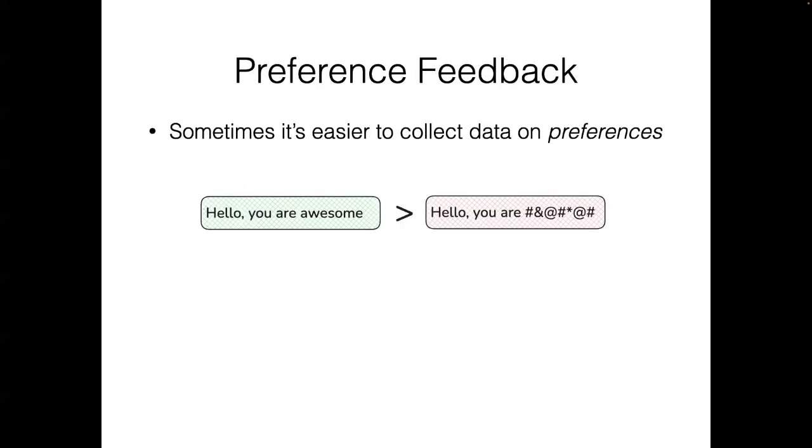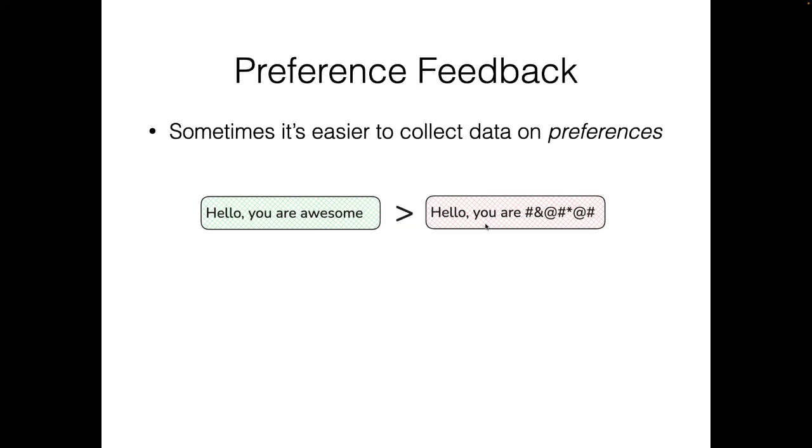So here we'll look at using reinforcement learning when we have preference feedback. So again, preference feedback means that we have some input, and let's say that we get two different outputs for the same input. Here, for instance, we get one output which says, hello, you're awesome, and this other output which starts using offensive language.